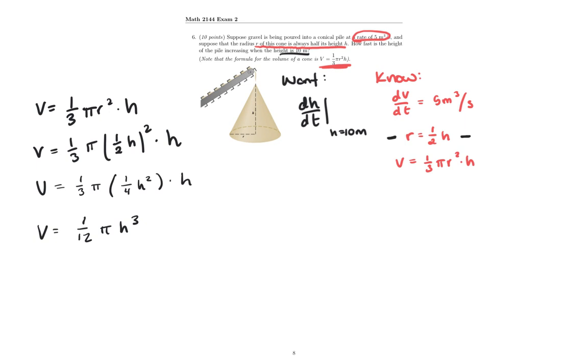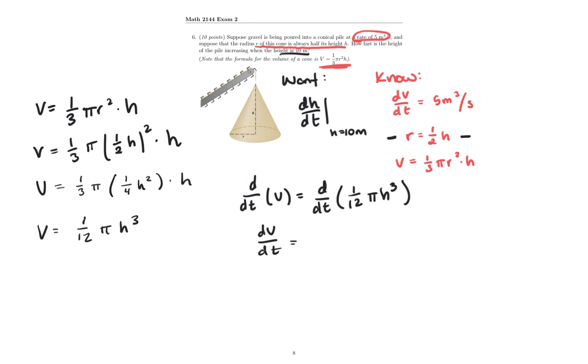Okay, so now I want to take the derivative of this with respect to time. So let's take the derivative of both sides with respect to time. As time goes on, does my volume change? Yes, so I'm left with dV/dt.